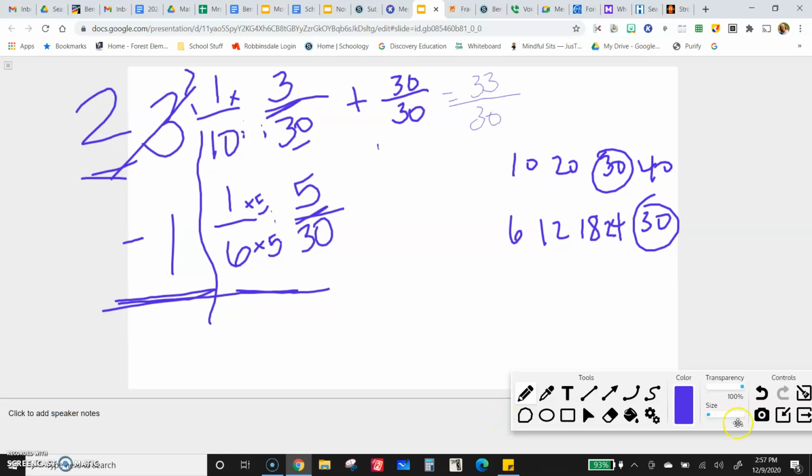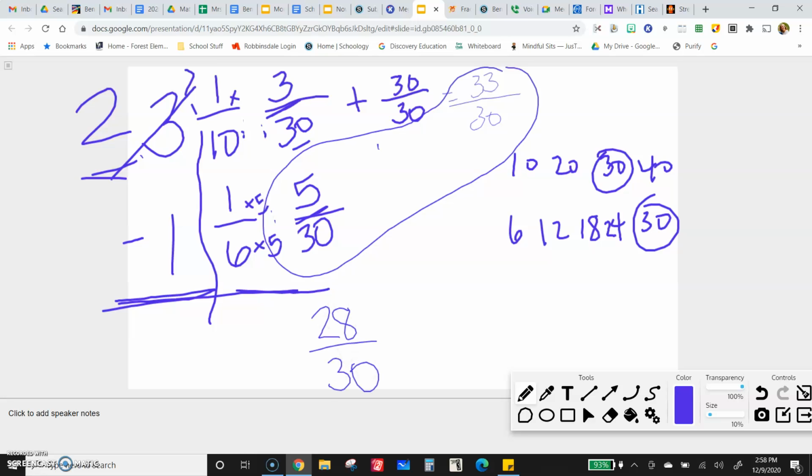Oh, my pen went weird. So I can do 33 30ths minus 5 30ths now. So 2 and 33 30ths is the same as 3 and 3 30ths. 33 minus 5 is 28. I still have 30ths. 2 minus 1 is 1.